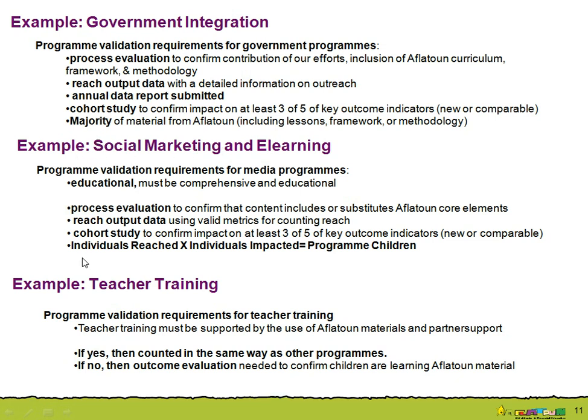And you'll see down here the key thing is that we'll do some sort of combination of individuals reached by the mass media multiplied by the number of individuals impacted. This is to help correct, for example, if you have a television show and you have 1 million people watching it, only perhaps 10% of those million are actually listening.